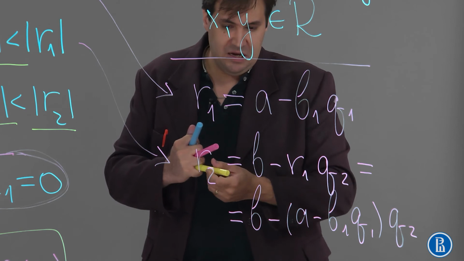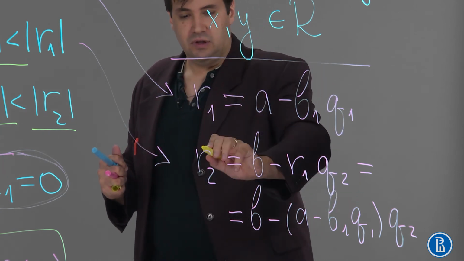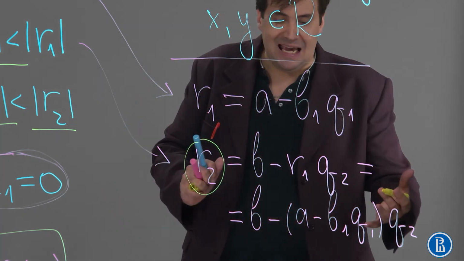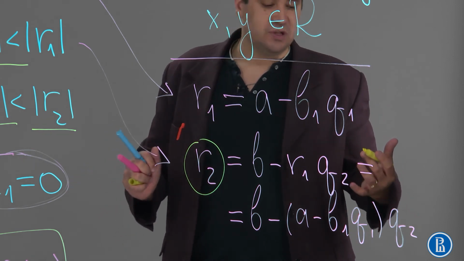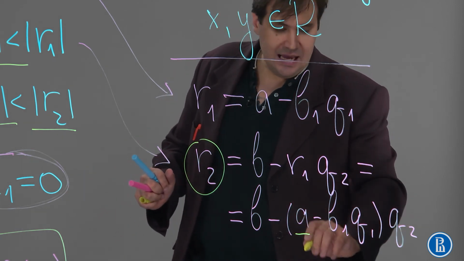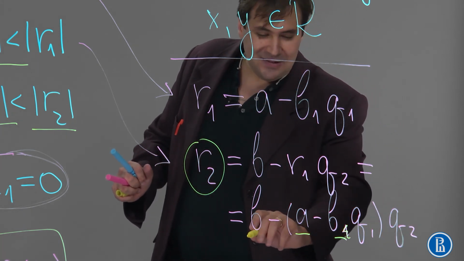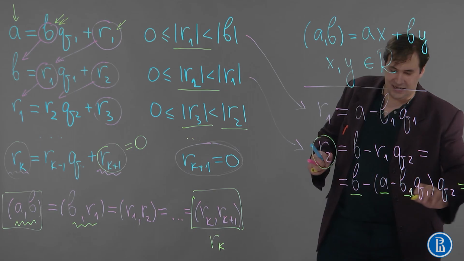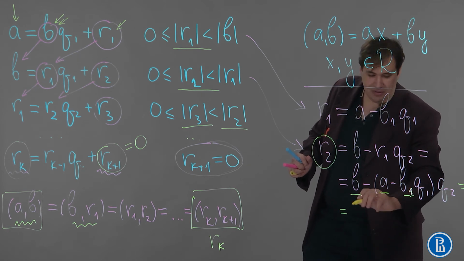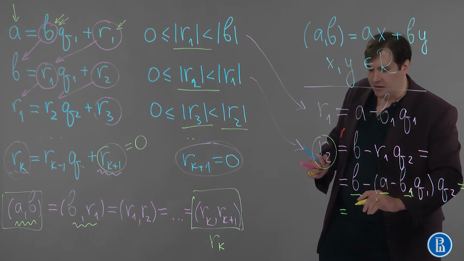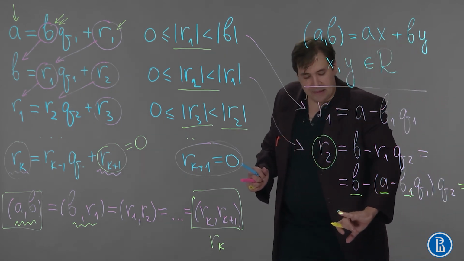So we have that R2, here, can be represented linearly using A and B. Here is A, and here is B, and here is also B. So we can say that it is A multiplied by something, and B also multiplied by something.